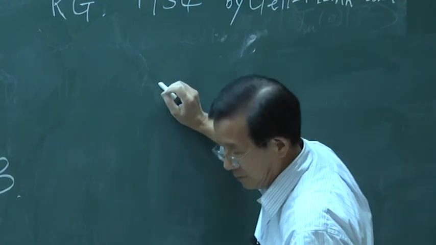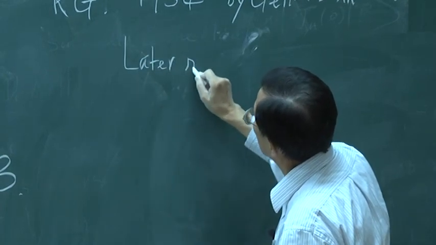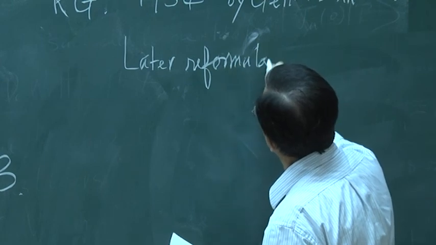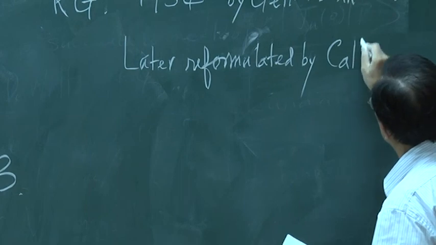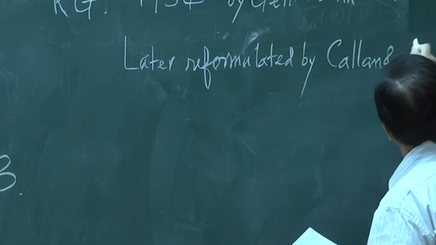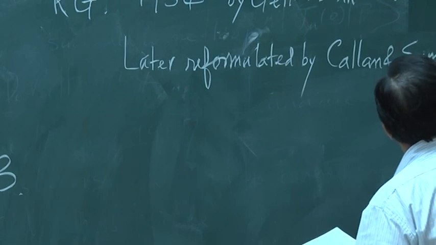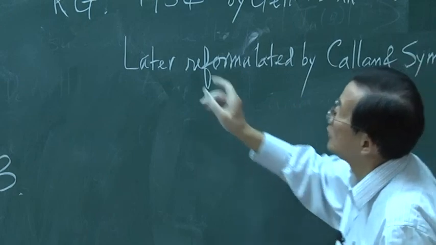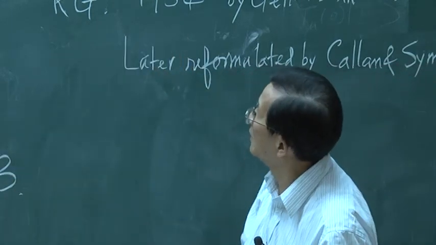And then, of course, later reformulated by Callan-Symanzik equation. And it's only these two together that you get QCD.